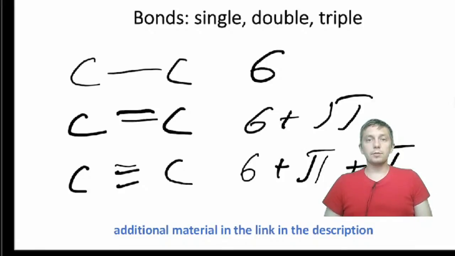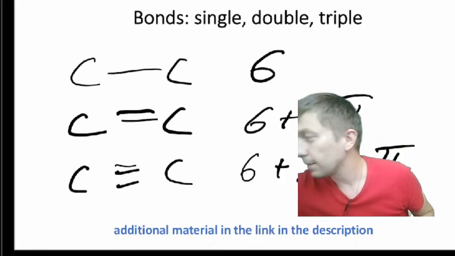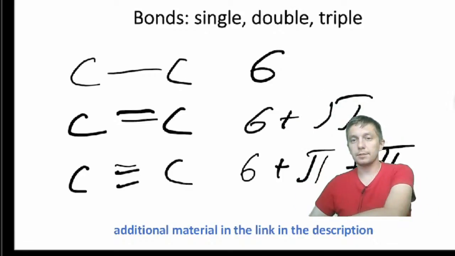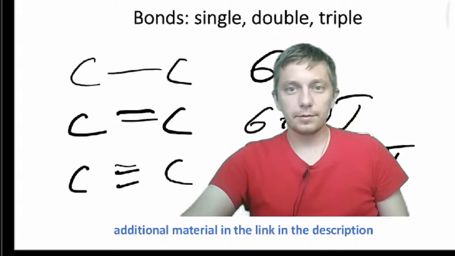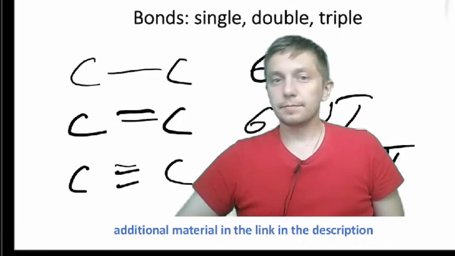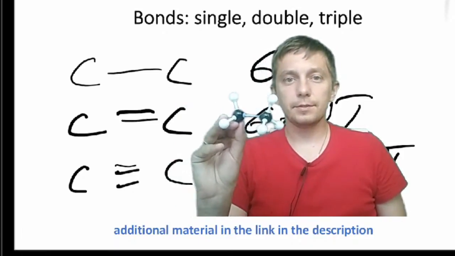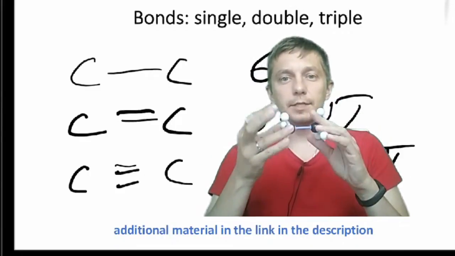For modeling all these bonds, I use a 3D model. It's physically quite accurate, especially for our case. A single bond, it's sigma, and it can rotate.